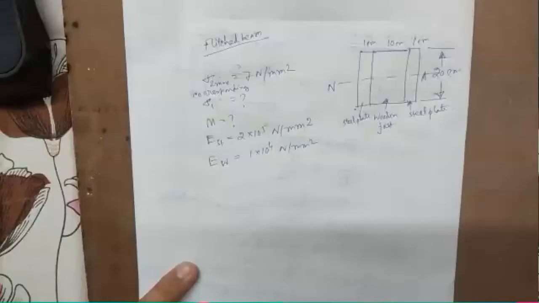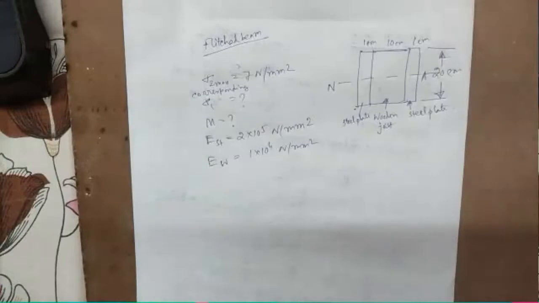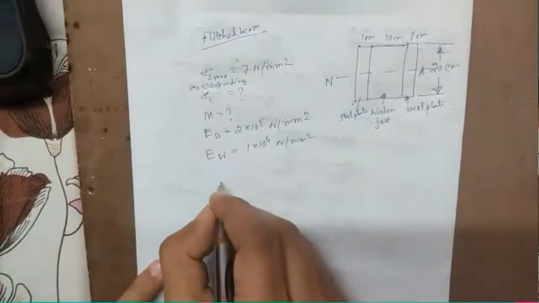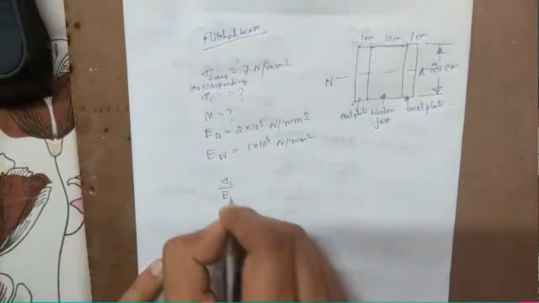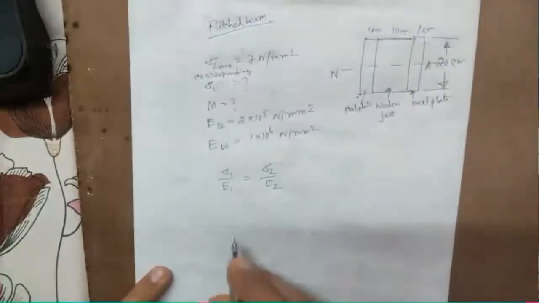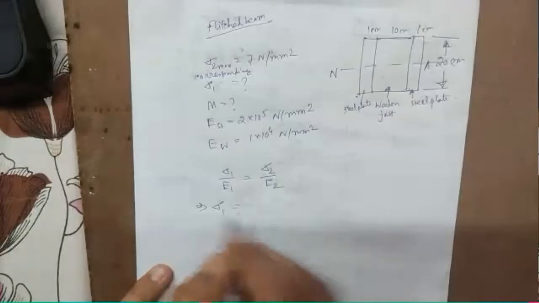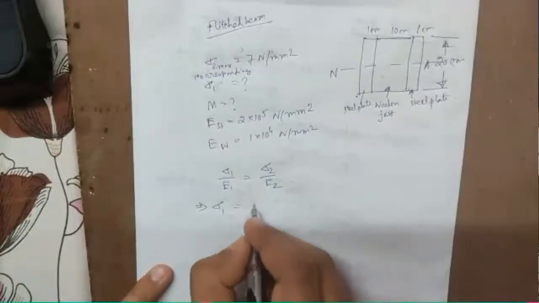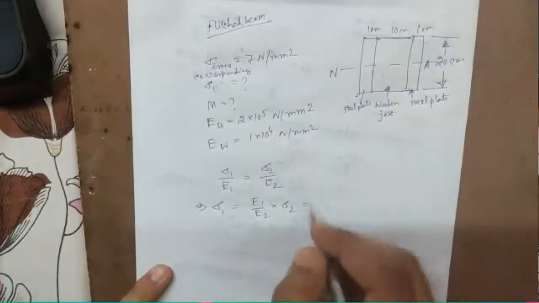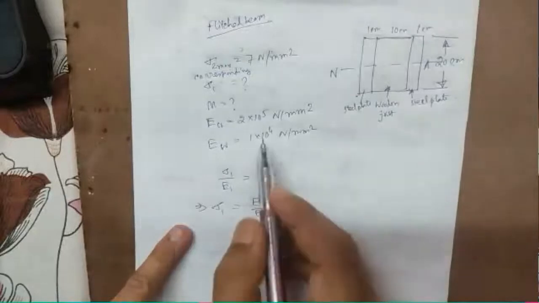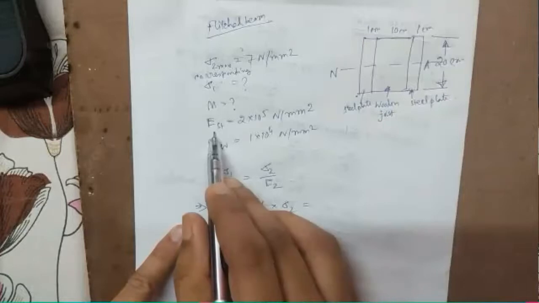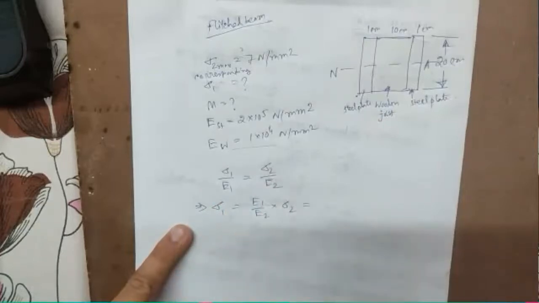the strain will be equal, and as we have learned earlier, when strain is equal at the common section, then we can write the strains are sigma 1 by E1 will be equal to sigma 2 by E2. This formula can be used. So from here we can find sigma 1 will be equal to E1 by E2 into sigma 2. So E1 by E2 is given, look here, E1 is basically steel and E2 is wood.